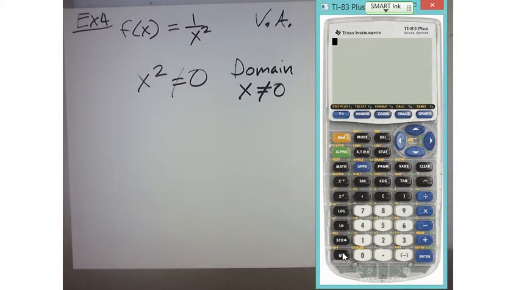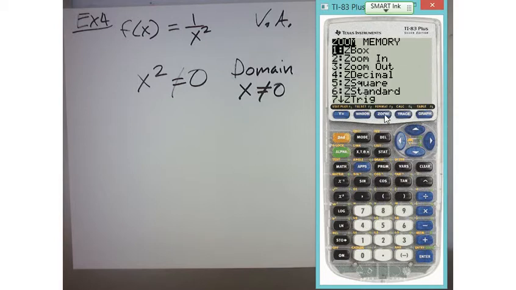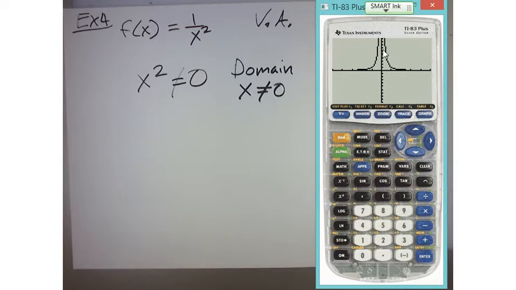Anyways, so if I graph this, what I'm going to find is that it will not cross x equals 0. It has a vertical asymptote at x equals 0. So let's plug this in and take a look. And sure enough, if I zoom in just a little bit, let's do like -5 to 5, it will not cross the y-axis, which is x equals 0.